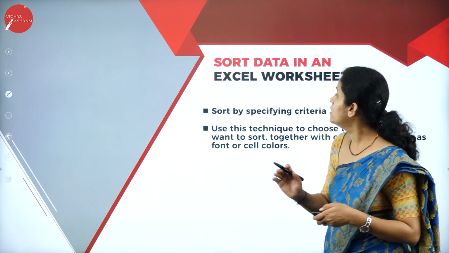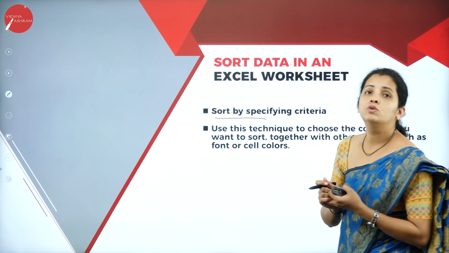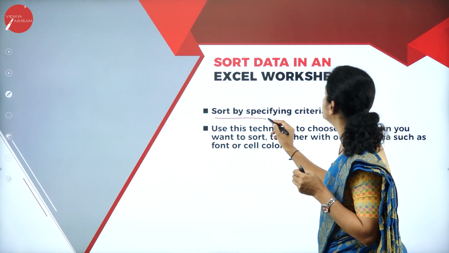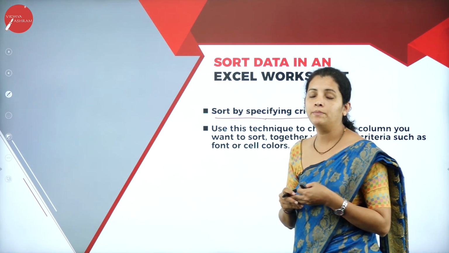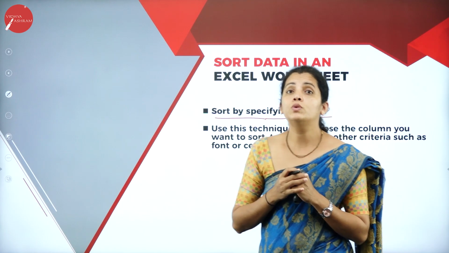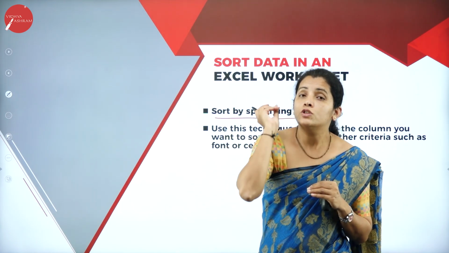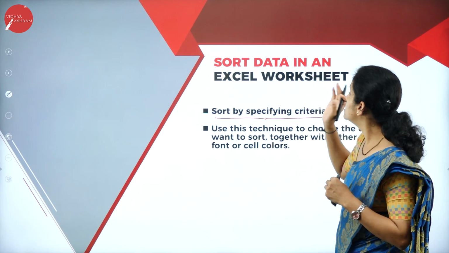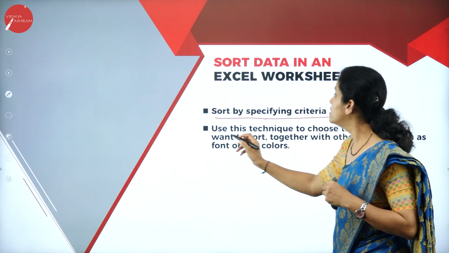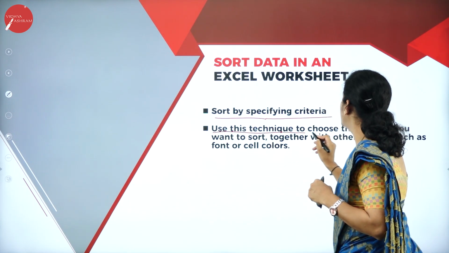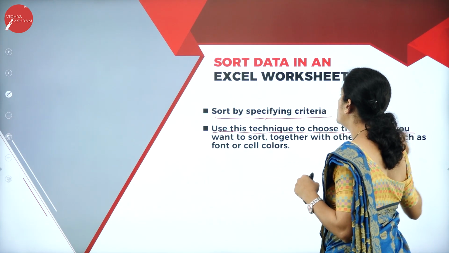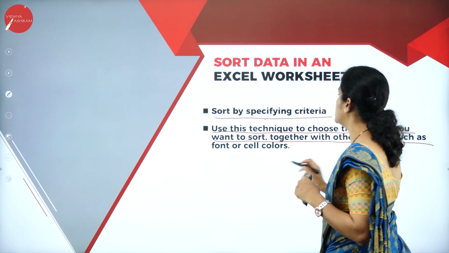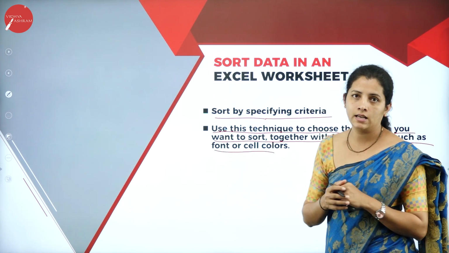Then here we can sort the data or fields by specifying the criteria. That means suppose I want to sort any particular field, then I can specify the criteria. For that, use this technique to choose the column you want to sort together with other criteria such as font or cell color.